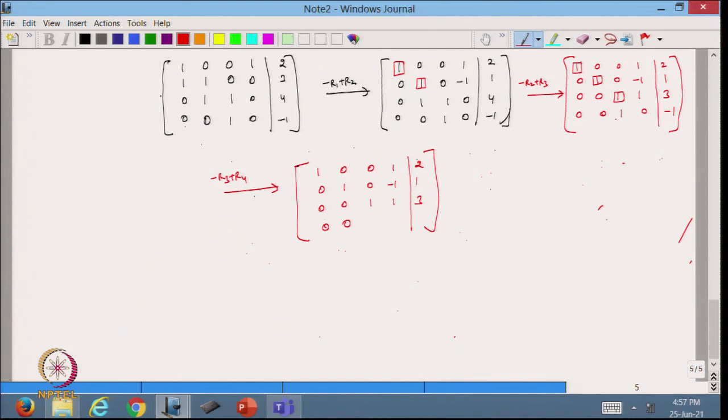So it will be minus 1 plus 1, 0, 0, minus 1, and minus 3 plus minus 1 gives minus 4. Now it is an echelon form, and because it is a 4 cross 4 matrix, this is my U, the row echelon form.